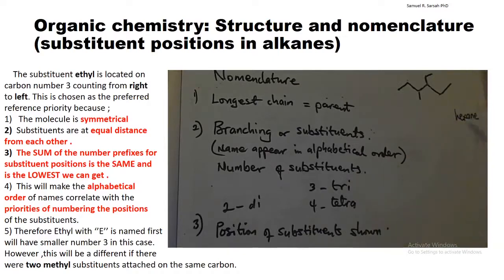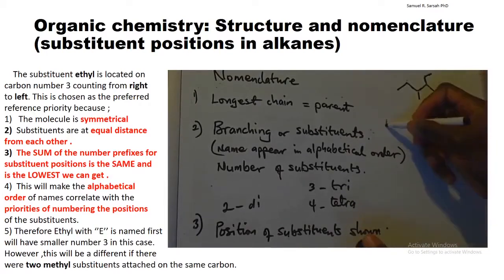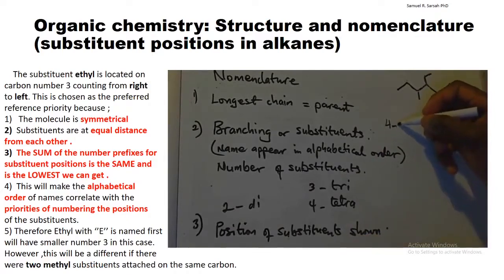Now let's see how we're going to name this. If we start from here, you count 1, 2, 3. So this methyl group is on carbon number 3, and this ethyl group will be on carbon number 4. So to name it, we can write 4-ethyl.